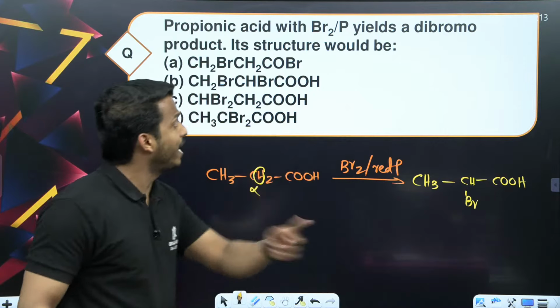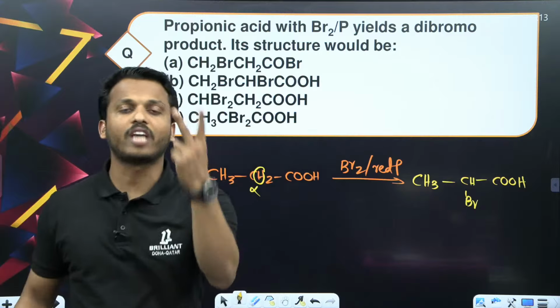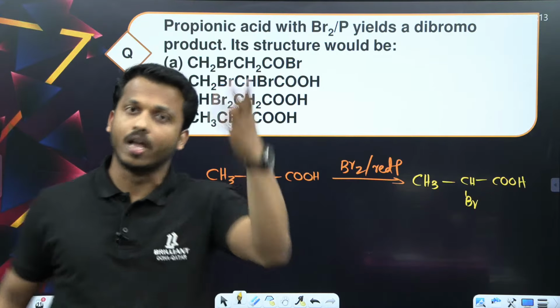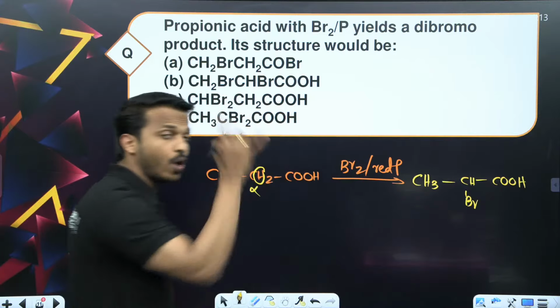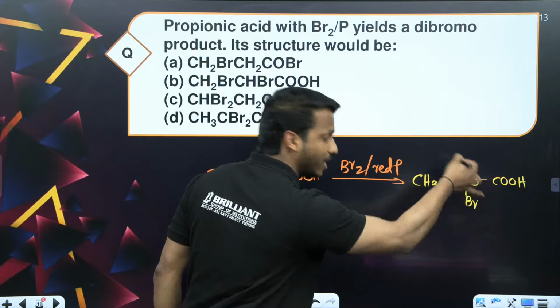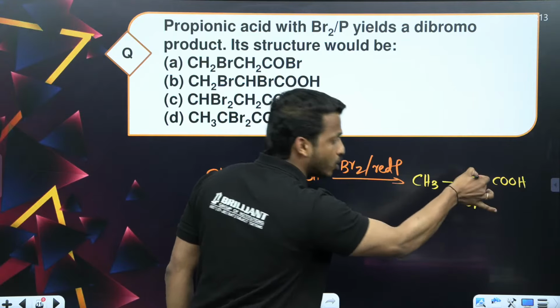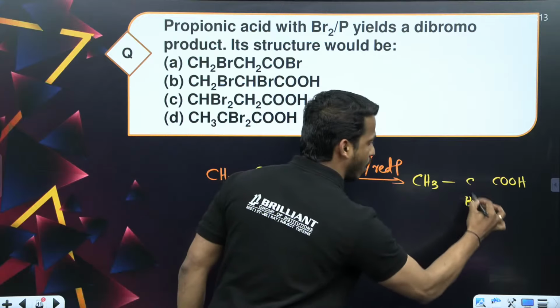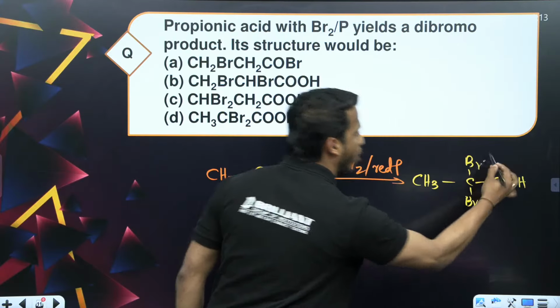But they did dibromo, which means 2 times they added bromine. So where can the second bromine attack? That is also on the same position, where one more alpha hydrogen is there. So this hydrogen also we can remove, and on that place you can put one more bromine.